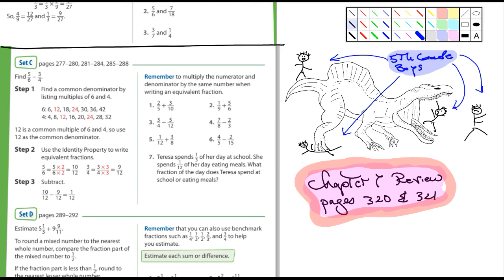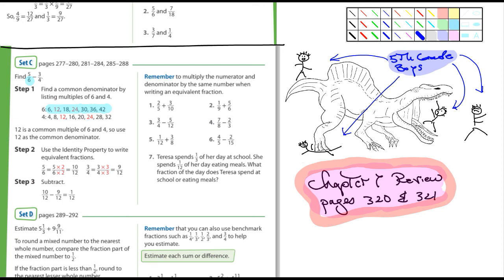Okay, let's look at set C first here. Looks like we're adding and subtracting fractions, and they talk about finding the common denominator, and this is one way that they do it, and it could work for you guys. So you take 6 and then you start writing the multiples of 6, which is 6, 12, 18, 24, 30, and so forth.